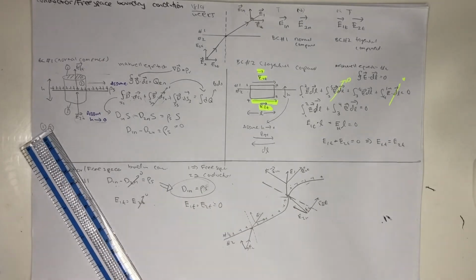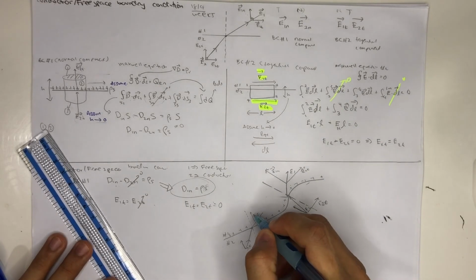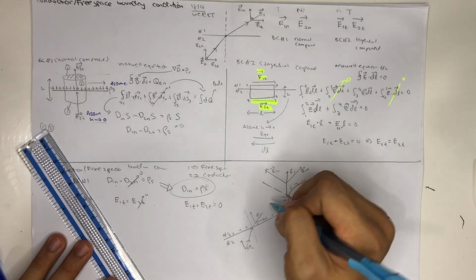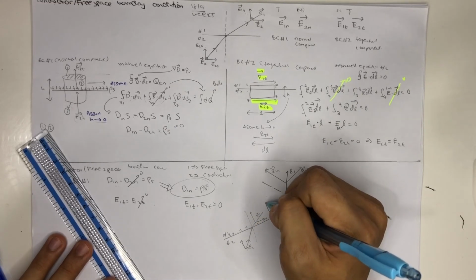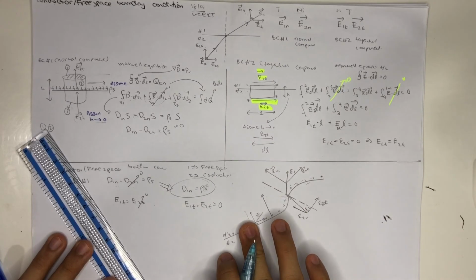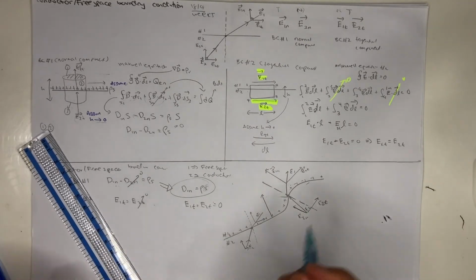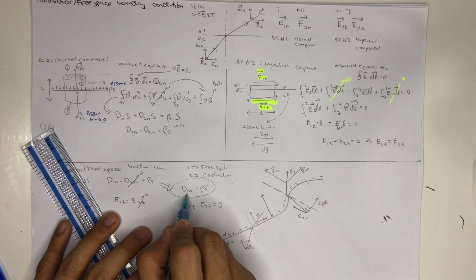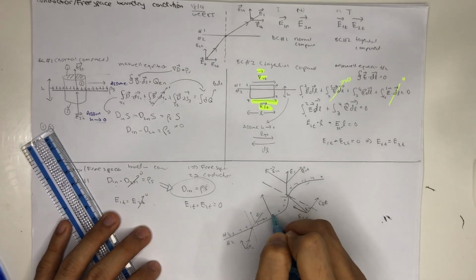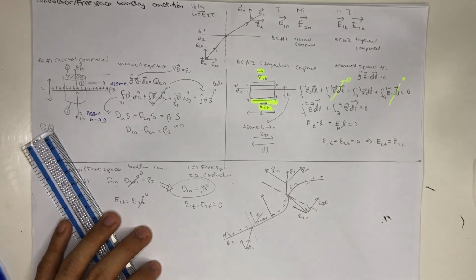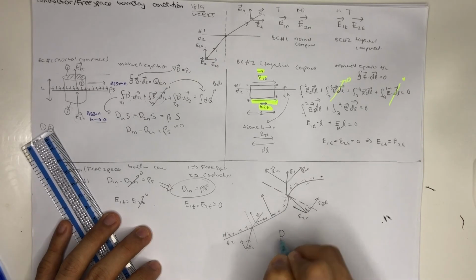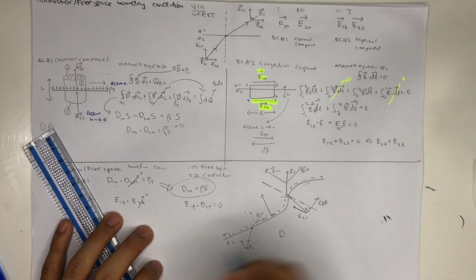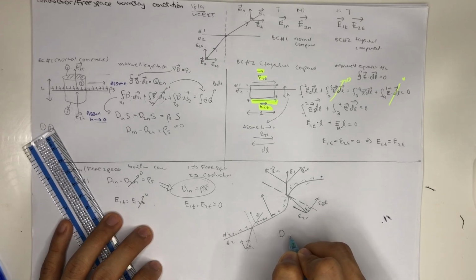If we take this now, I try not to use the same drawing because it will be complicated. If we have this as our D normal, because this is D1 normal, and it's normal to this surface, then D1N equals rho S, right?